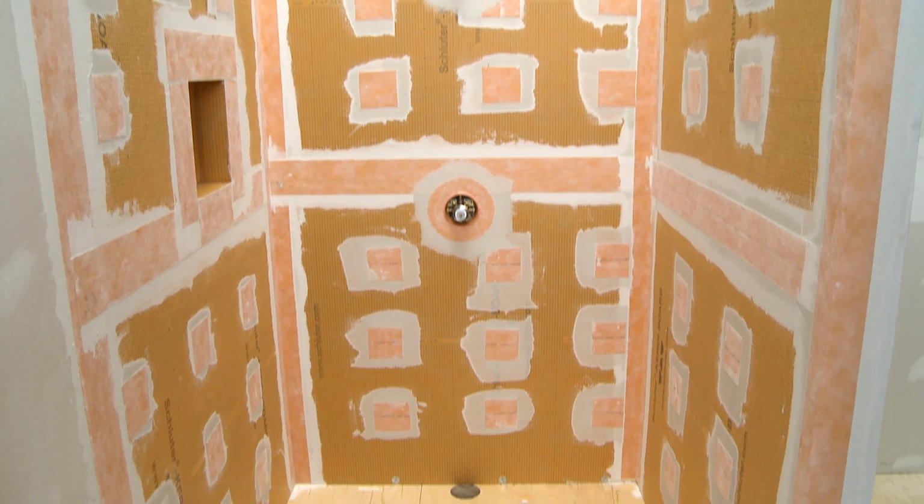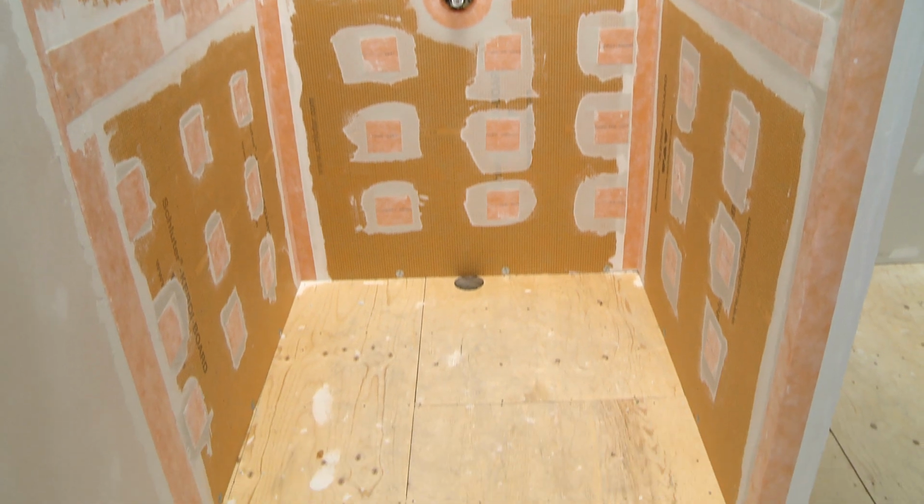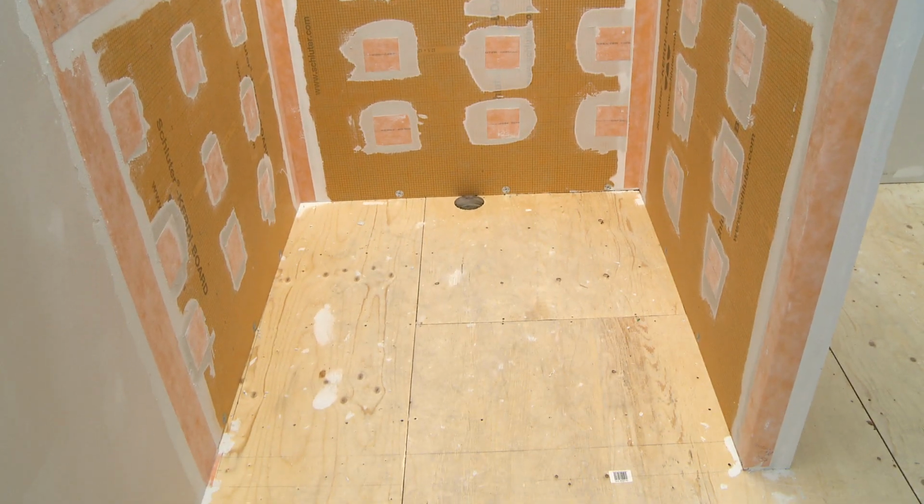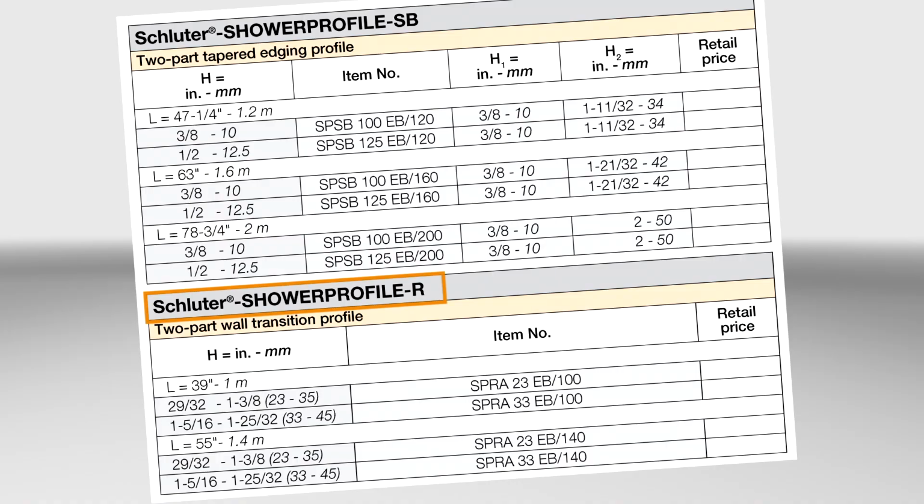If you do not know the height from the tray to the first row of wall tiles, you can still determine the size you will need for the shower profile R. We know the length of the back wall is 51 3/4 of an inch. So we will select the 55-inch profile and cut it to length during installation. Then we need to take a look at the H2 value of the shower profile SB we selected earlier and see that it is 1 21/32 of an inch.